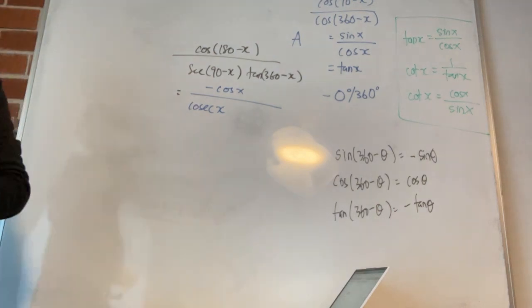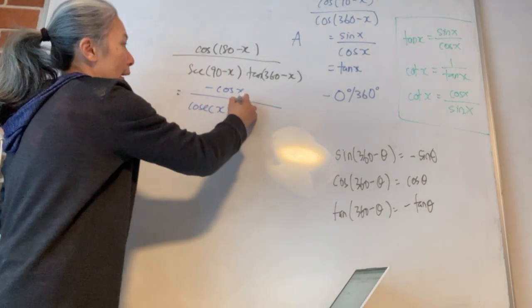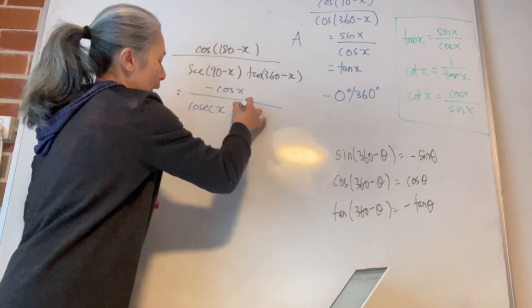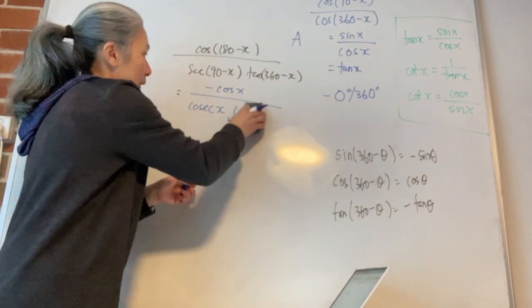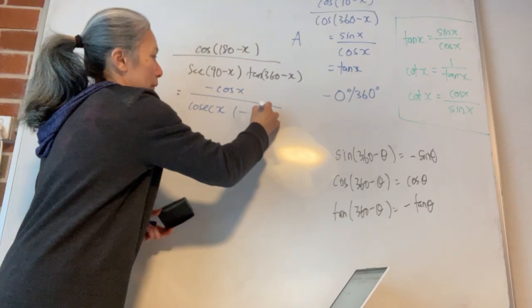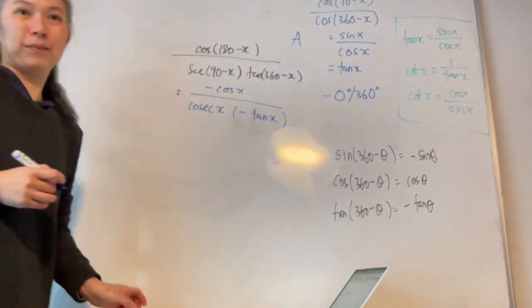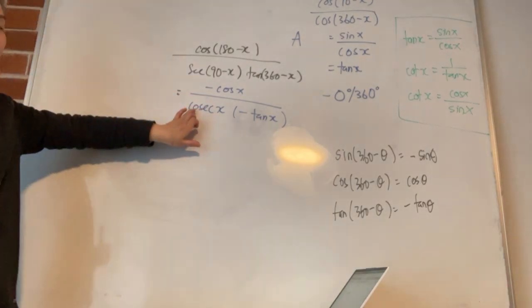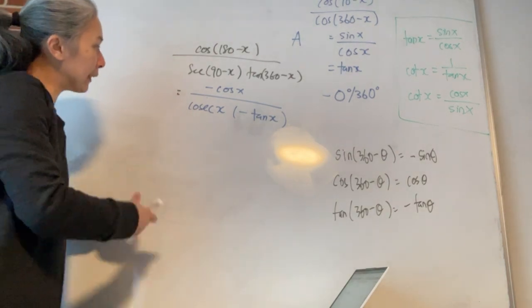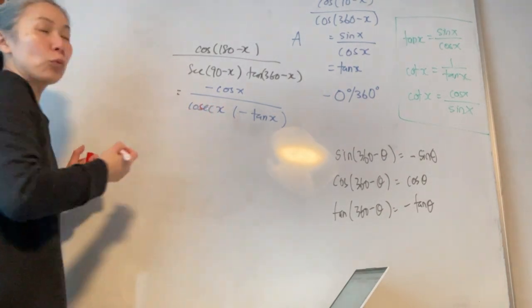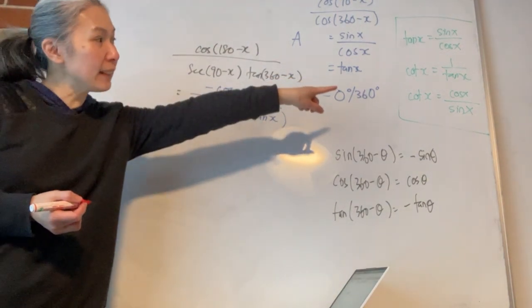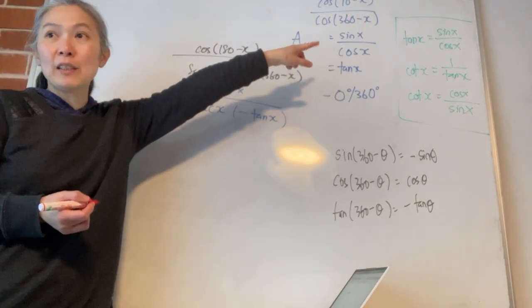And then tan 360 minus x, that means I can write it as tan negative x. We are going to change more, because cosec, the third letter is S, I can write as 1 over sine. And tan, I know I can write it as sine over cos.